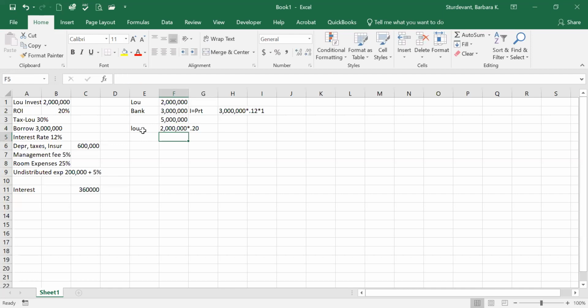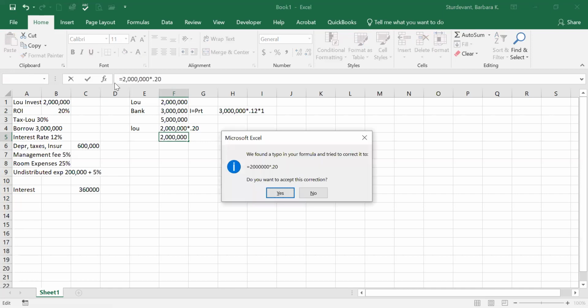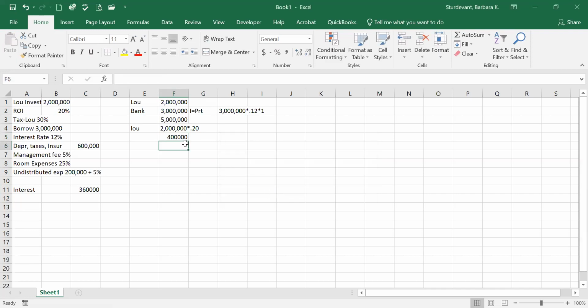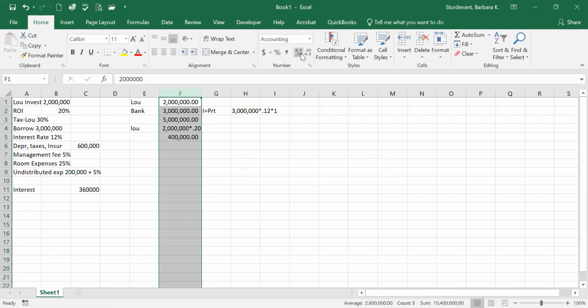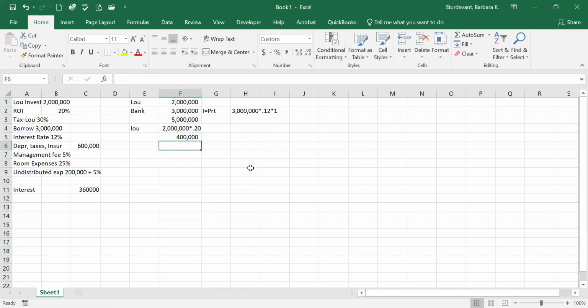Okay, that's what he wants. If I just multiply that, he wants $400,000, but he wants it after tax. He wants $400,000 in his hand.